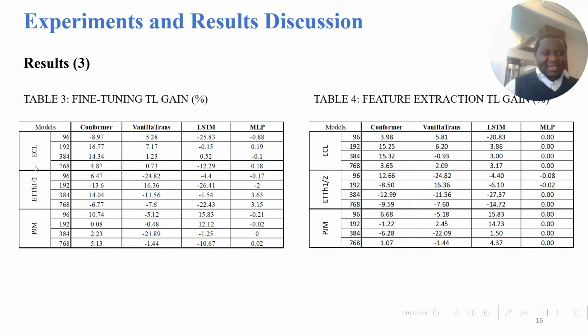But what interests me is these two tables where we are expressing the transfer gain in terms of percentage. In most of the cases, the conformer has the best gain, and again that varies according to the horizon, the number of values we want to predict in the future.